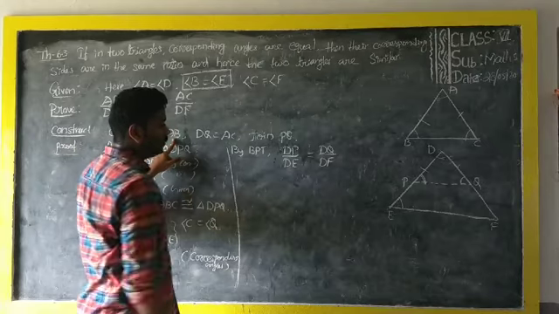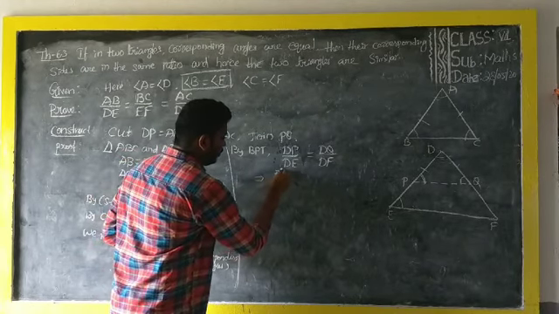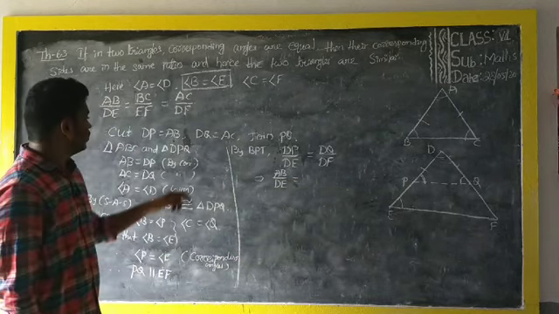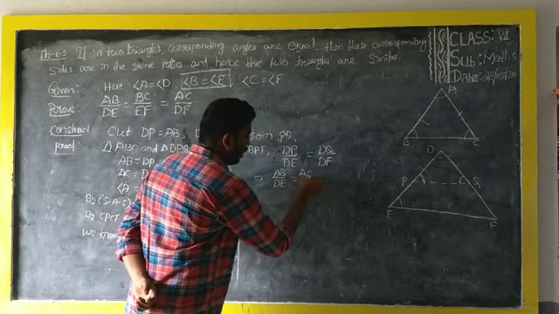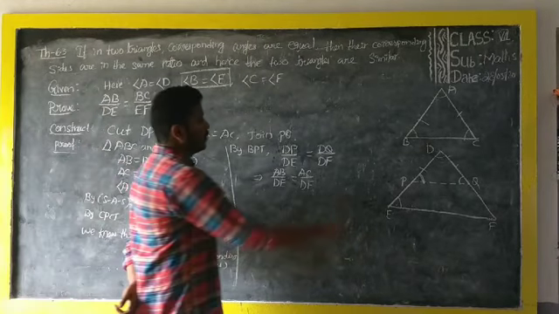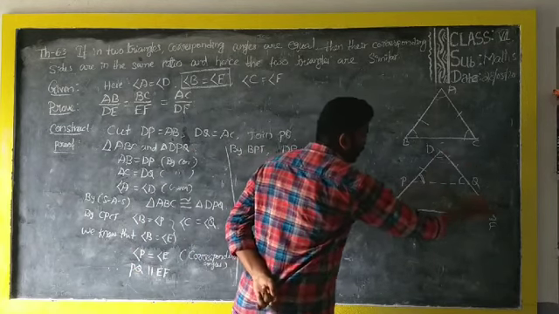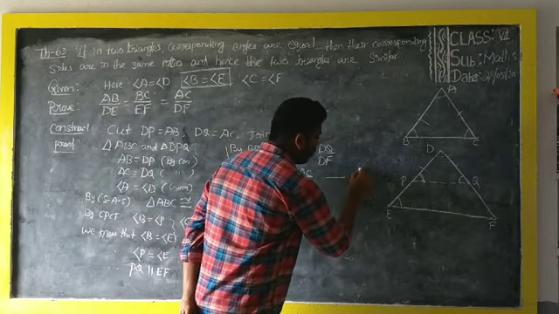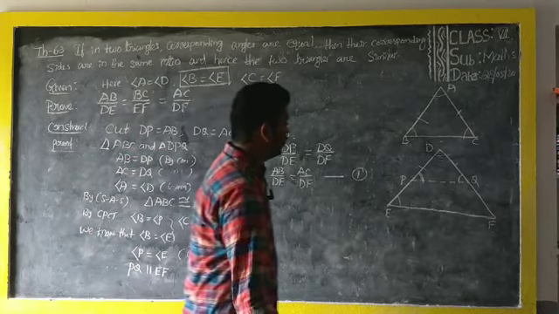So in place of DP I take here AB, so I can write AB by DE equals, in place of DQ I take here AC, AC by DF. Look at here, AB by DE equals AC by DF. It is equation number 1.